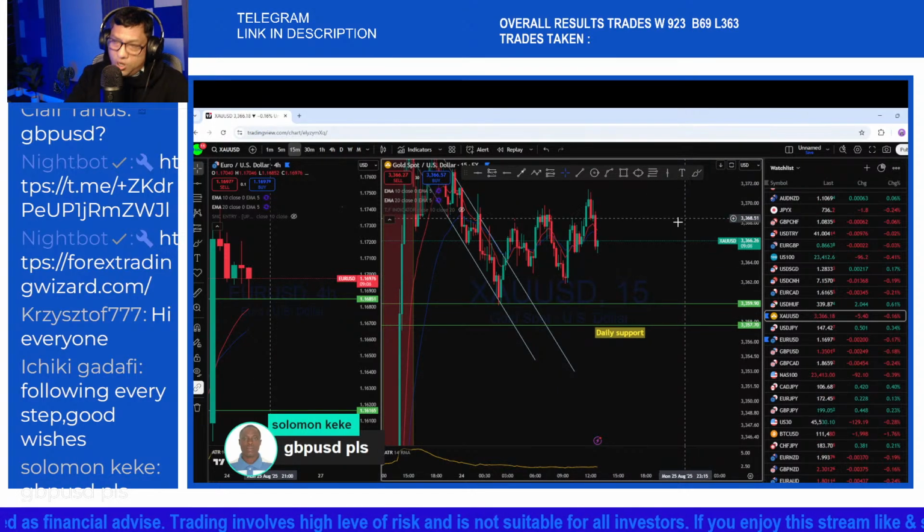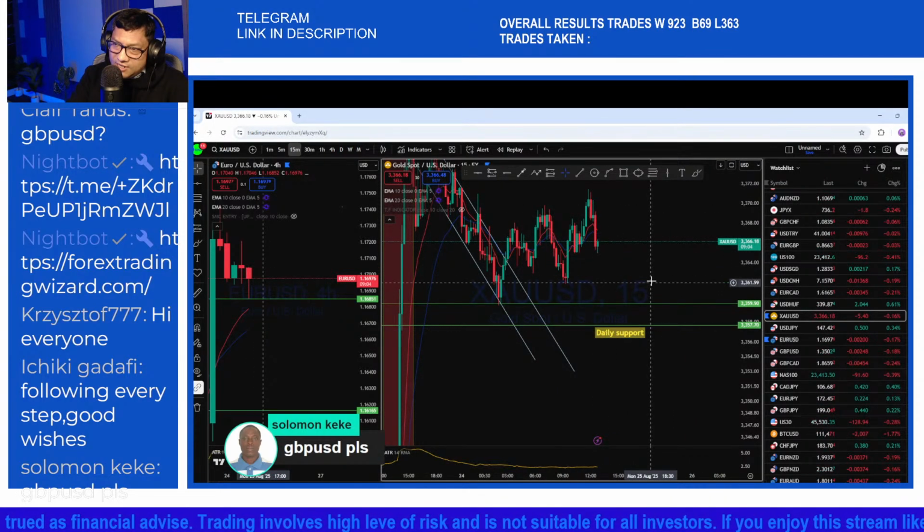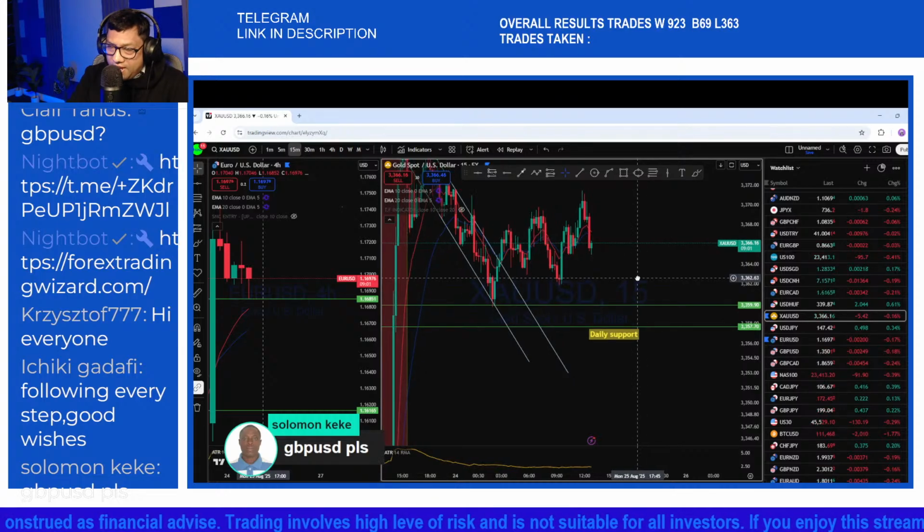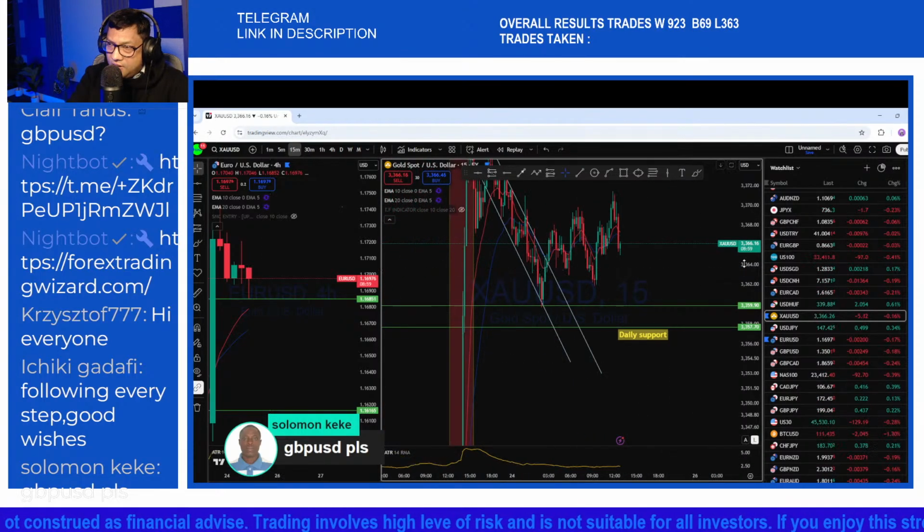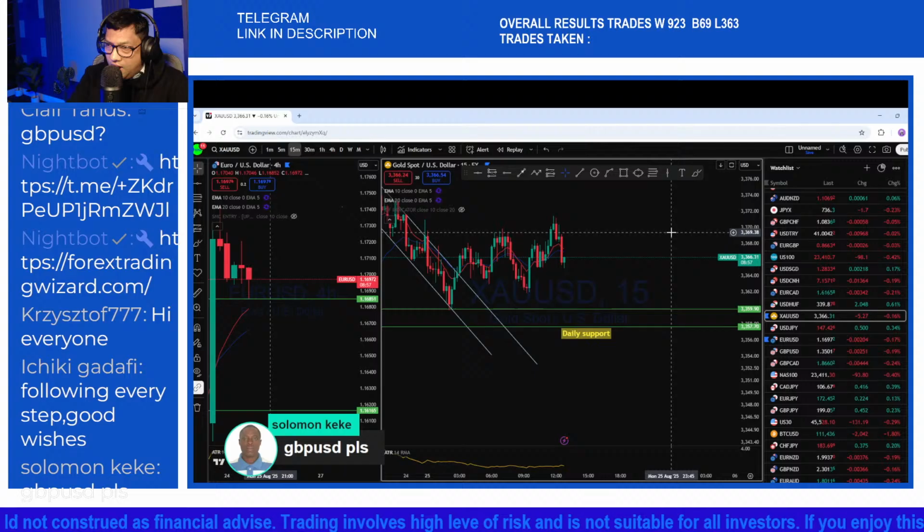Which is an important daily support, and expecting the market to test and then revert back again to the upside to create a new higher high in this market.